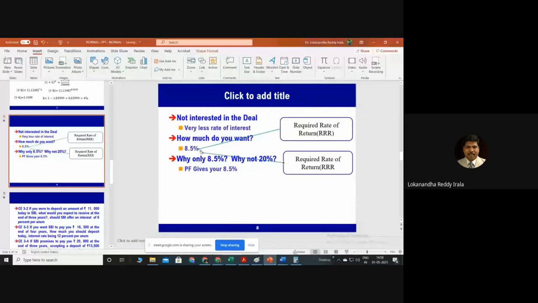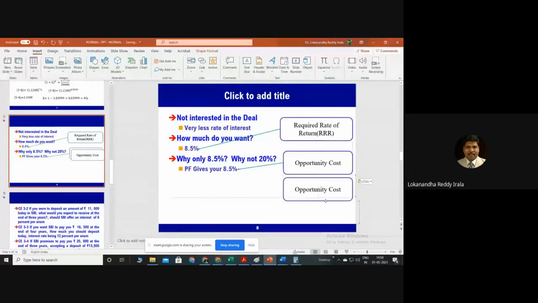Why are you demanding at least 8.5%? Because you have another opportunity where you are getting 8.5%. So this is called what? This is called opportunity cost.